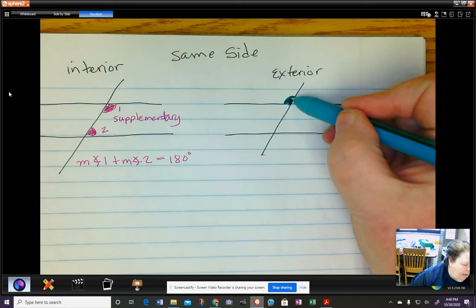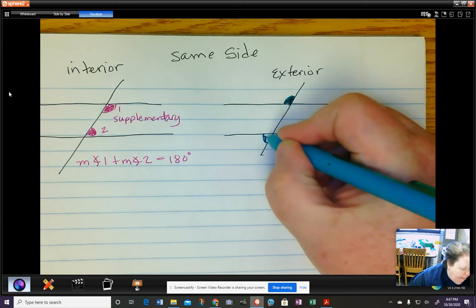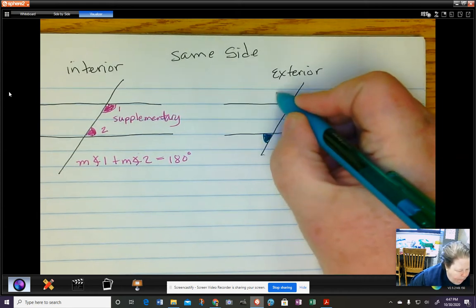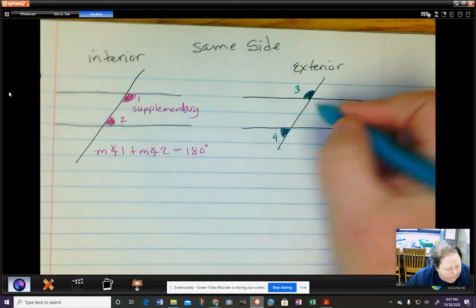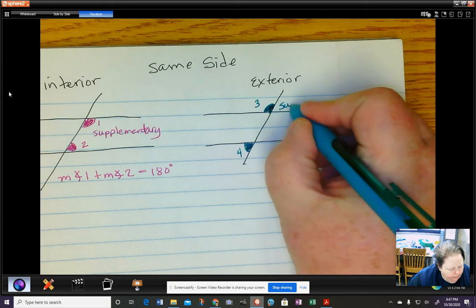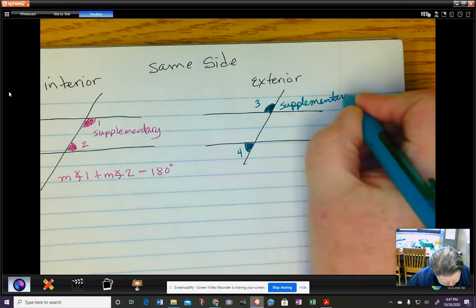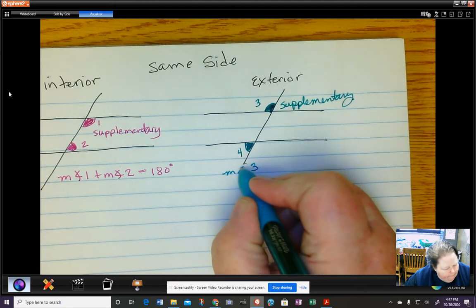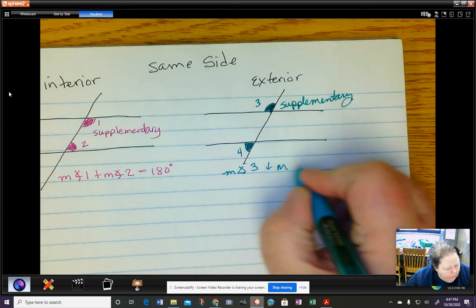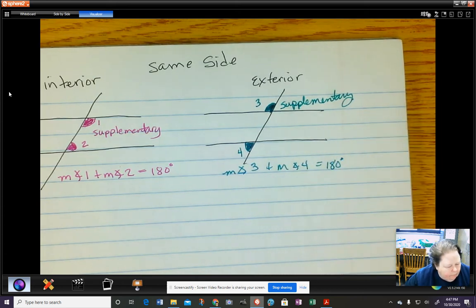So I'm on parallel line A. I go down here to parallel line B. I'm on the same side. So if this is angle 3 and this is angle 4, these are supplementary. So I could say the measure of angle 3 plus the measure of angle 4 is equal to 180 degrees.